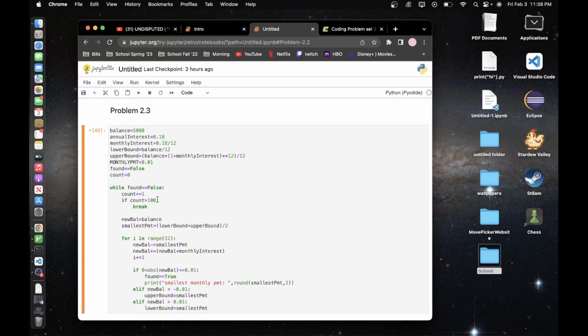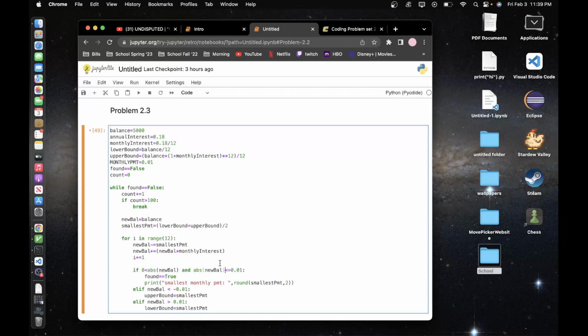Times cost monthly payments. If 0 between, and I don't know why this would affect it, but that's the only thing I could think of.